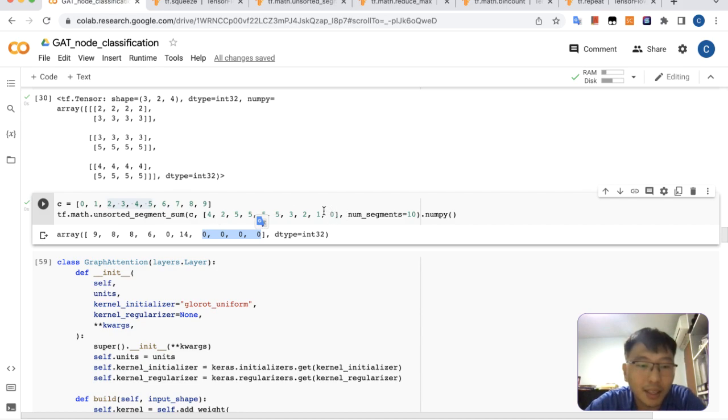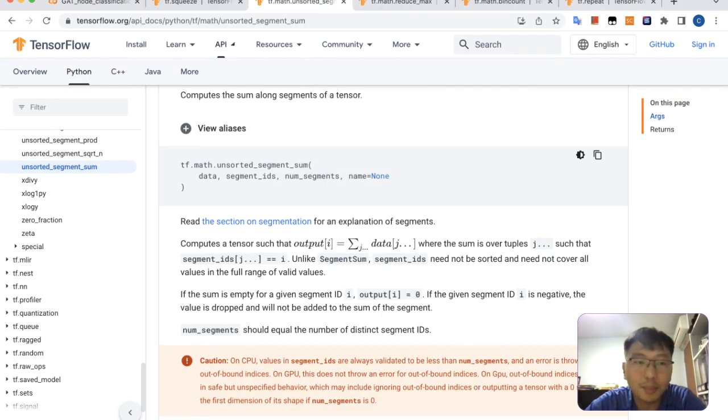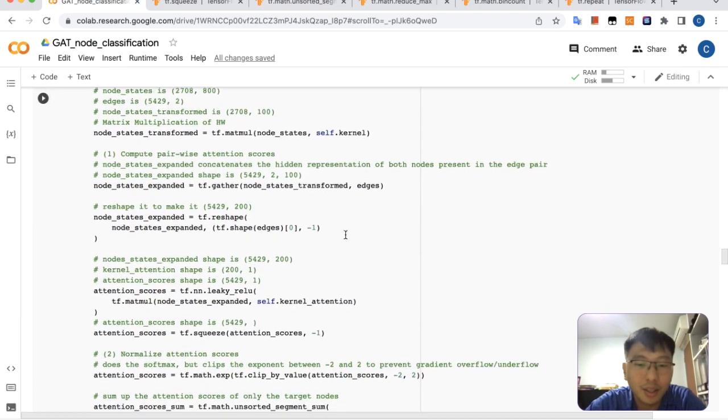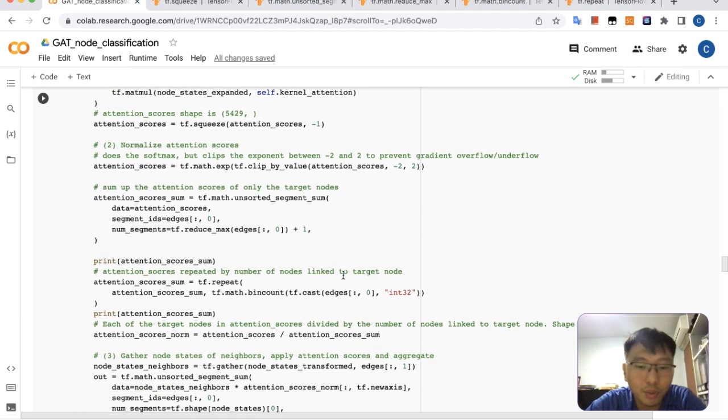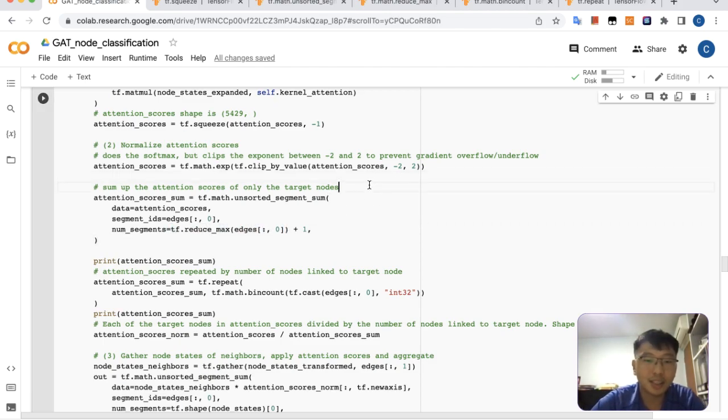Okay, but the number of segments will actually equal the size of this thing here plus 1, or rather it will be the maximum element inside here, because that's the maximum segment number. Okay, over here this is the maximum segment number. So maybe I just explain over here.